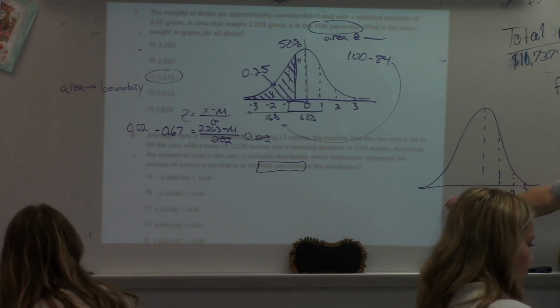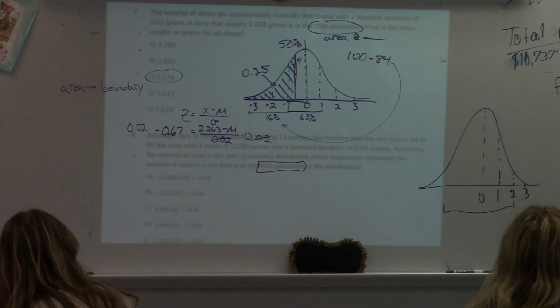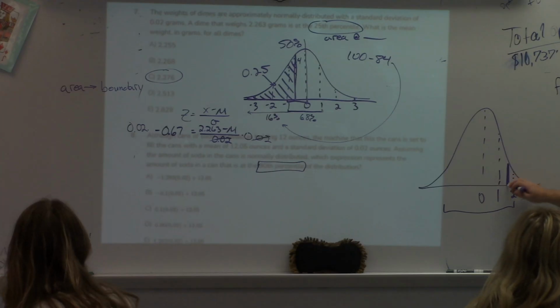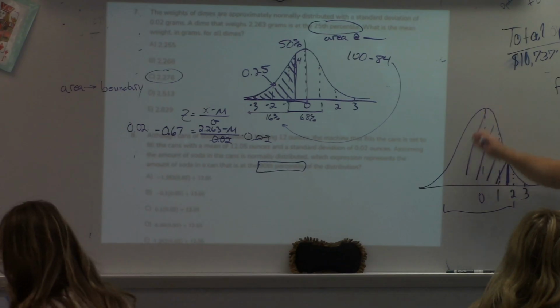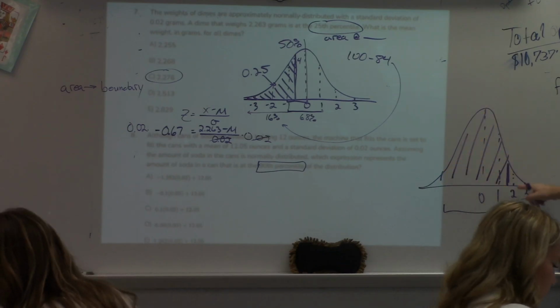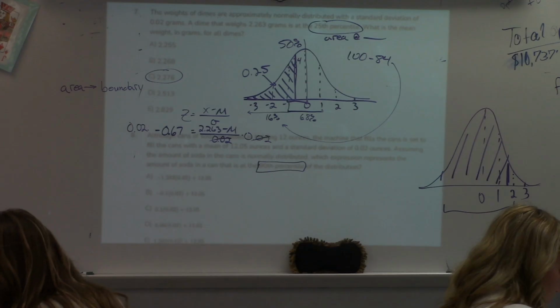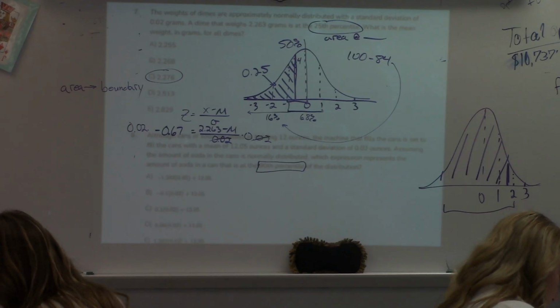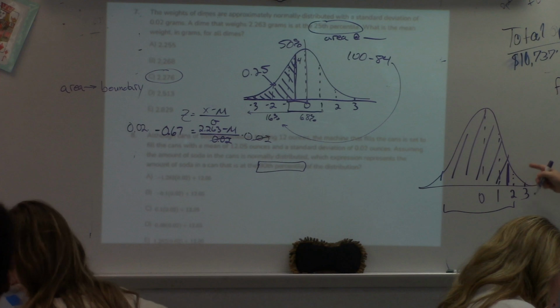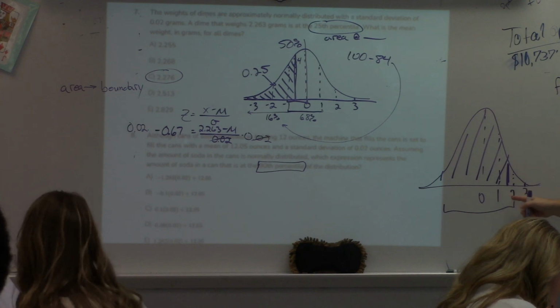Remember, 95% is from 2 below to 2 above. So the 90th percentile has to be here or below, because there's only going to be 2.5% in that tail past the 2. You don't have to have the drawing perfect, but it helps me visualize it. It should be something between 1 and 2.